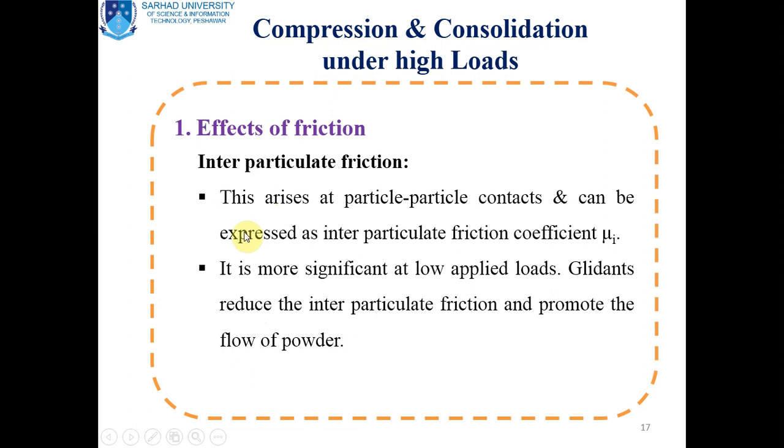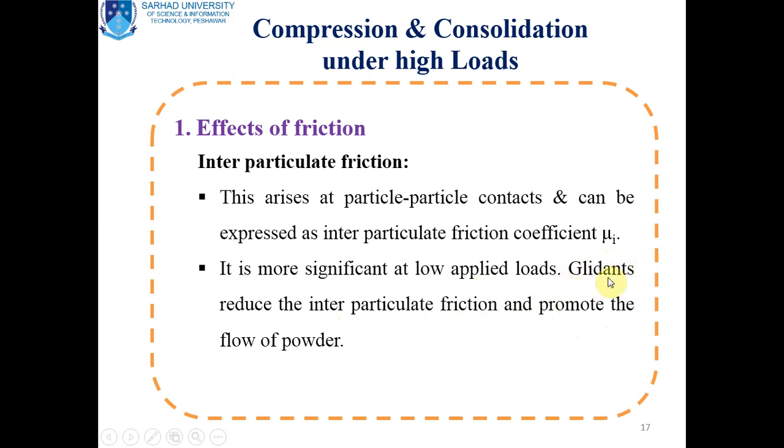Interparticulate friction arises at particle-particle contacts and can be expressed as the interparticulate friction coefficient, designated as mu I. It is more significant at low applied load. Gradients reduce the interparticulate friction and promote the flow of powder.